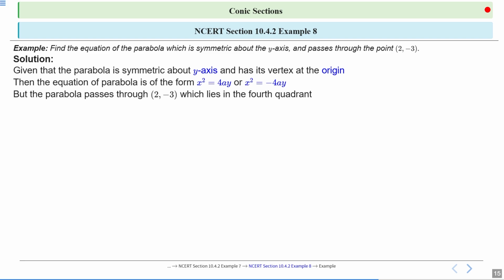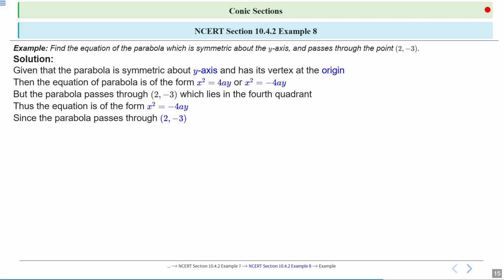But the parabola passes through the point (2, minus 3), and this point lies in the fourth quadrant. So from here we can conclude which type of parabola we will get. Thus the equation is of the form x square equal to minus 4ay.